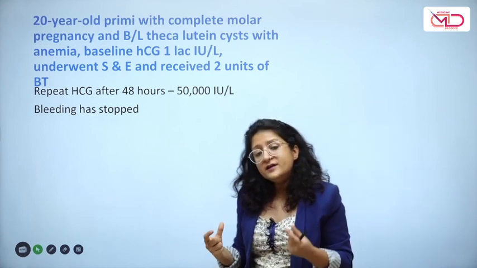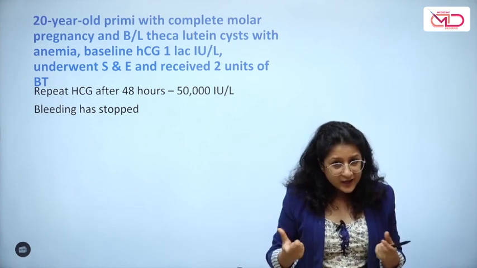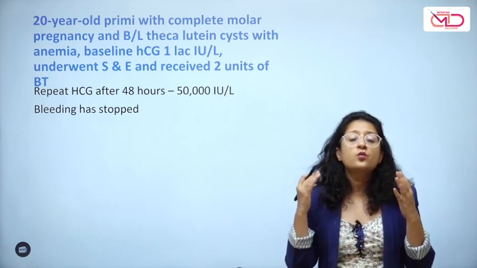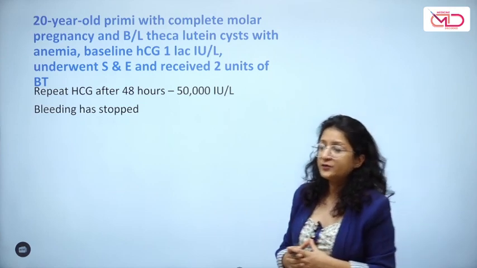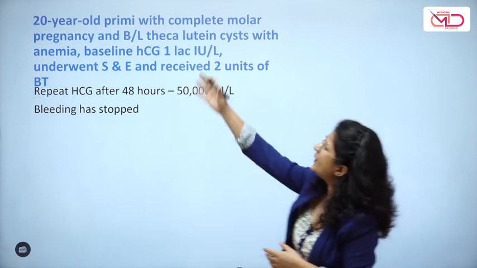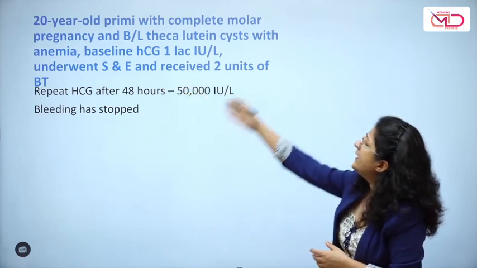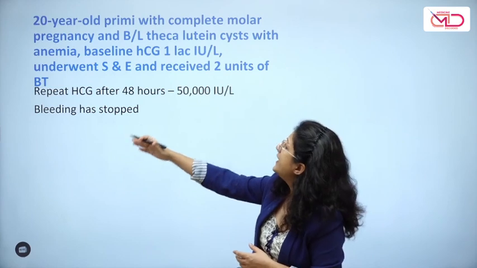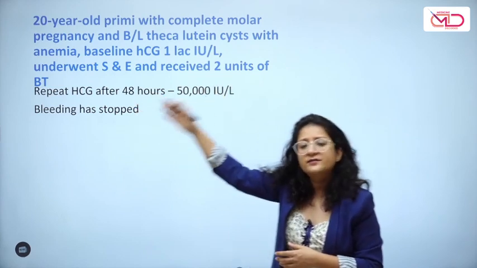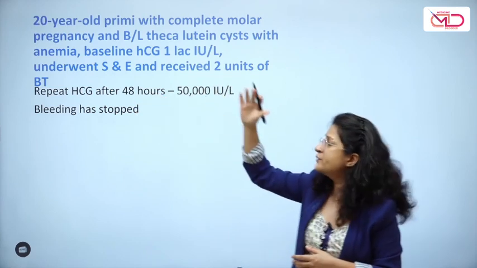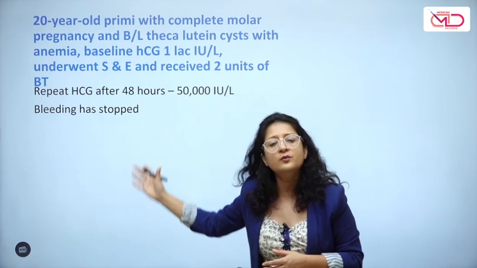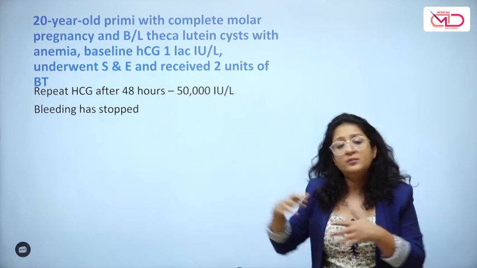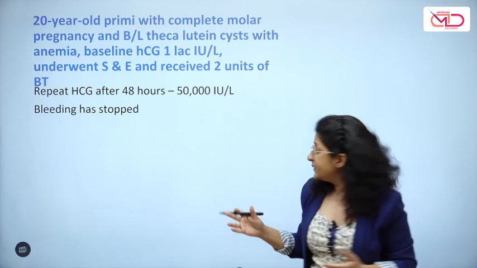So now let us talk about what are the indications, what are the situations where you would want to go for a prophylactic chemotherapy. In my patient, she's a 20-year-old primi and her beta HCG is falling, her bleeding has stopped, I have taken care of her anemia, I've given her 2 units of blood transfusion, I'm observing her. I don't want to give a prophylactic chemotherapy.